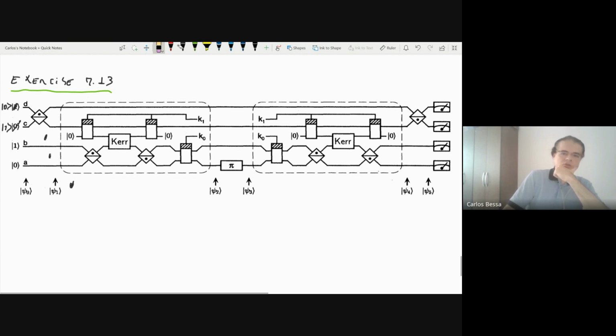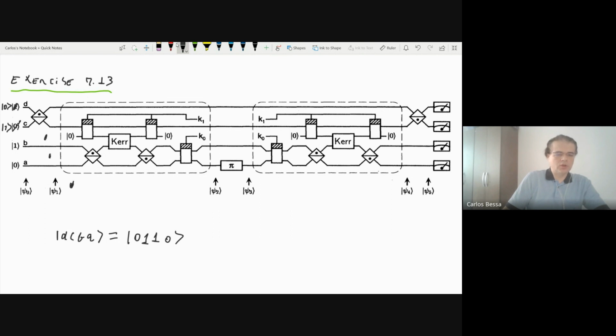Remember, the notation that I'm using is different from the paper. When you read the paper, I'm using this notation, CBA. In this case, I will consider D equal to 0, C equal to 1, B equal to 1, and A equal to 0. Okay?